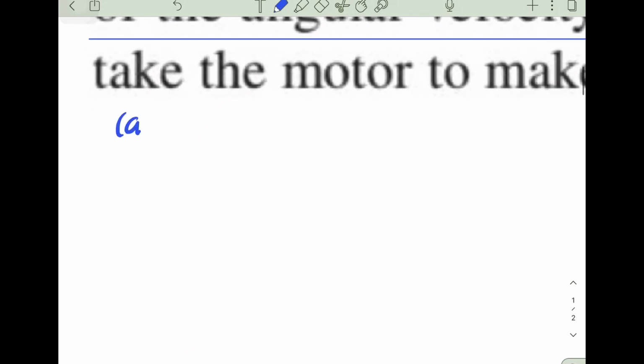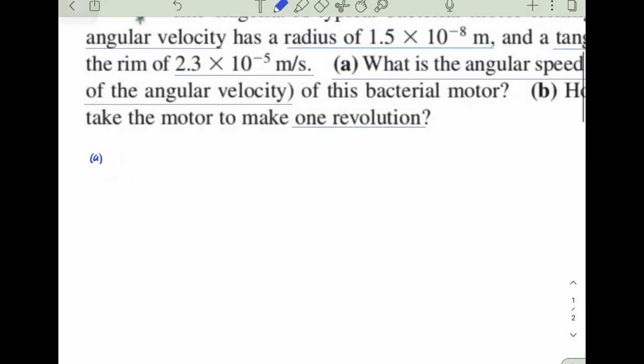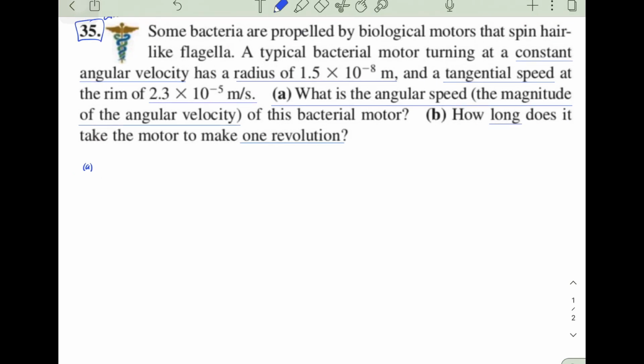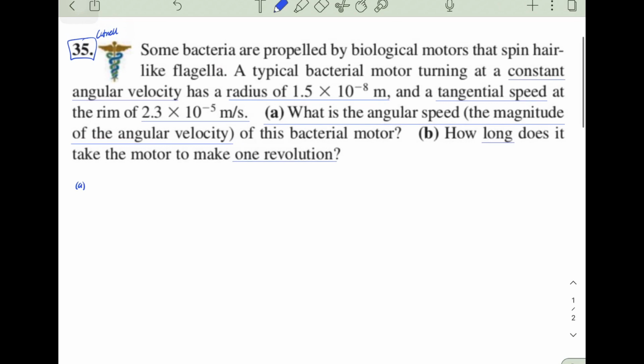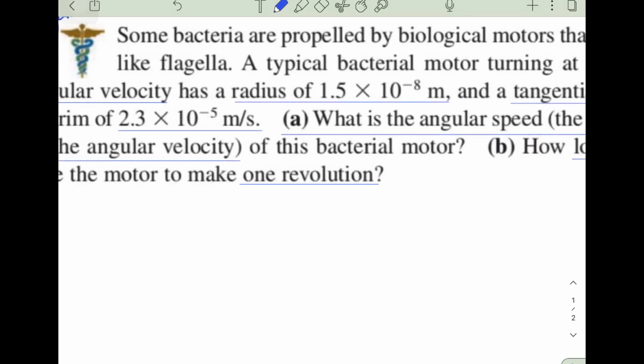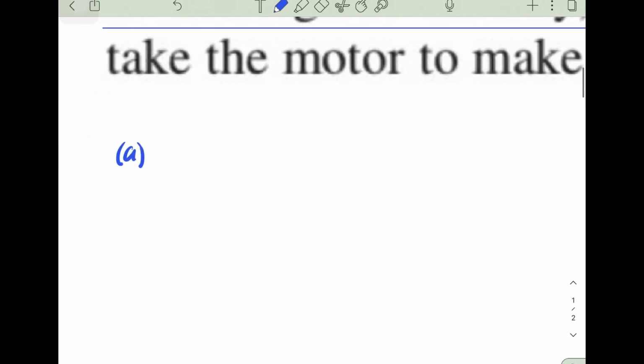One thing that is essential for your success in any physics problem is writing down your known values, functions, and equations, anything that could possibly relate to the problem. We know that a typical bacterial motor turning at a constant angular velocity has a radius of 1.5 times 10 to the negative 8 meters.